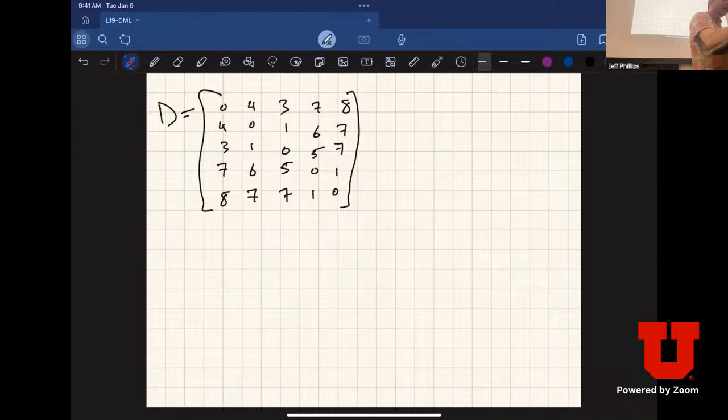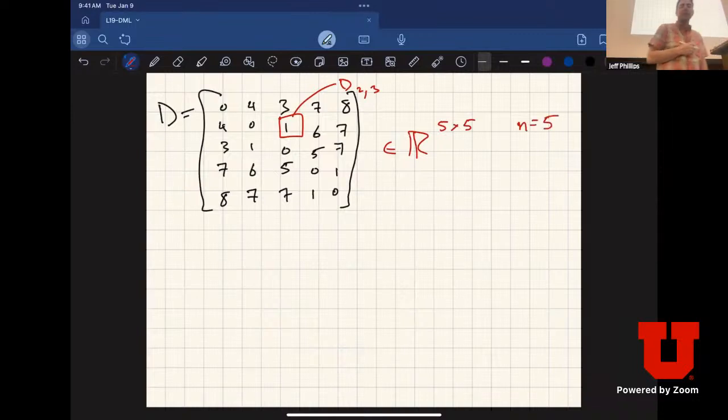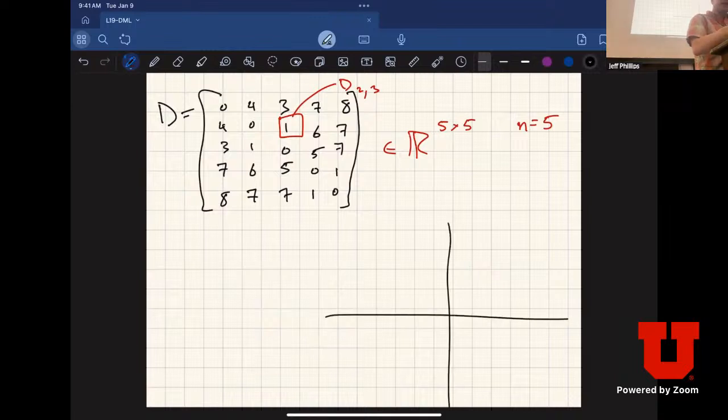This term here would be the distance between, if I start counting at 1, the second term and the third term. So this is where I'm in R^(5x5), with n equals 5 data points. If I square this, the 1 stays 1, but the 7s become 49s instead. Now if I embed this, I forget the mapping, but the output is going to be a picture that looks something like this.